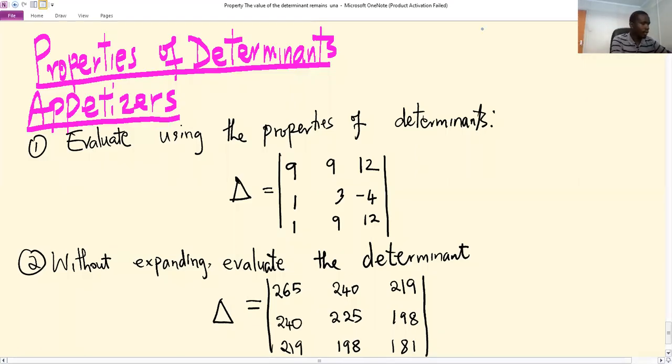Welcome to this session. In this session, we discuss how to evaluate determinants using properties of determinants we stated in the previous class. So, what will the questions?